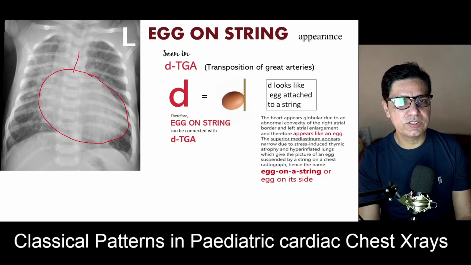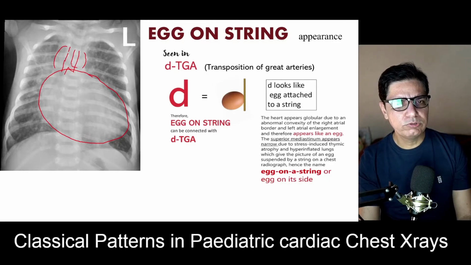Now normally the mediastinum has its own bits because of the structures that pass through it. You've got the trachea bifurcating into two bronchi, then in small kids you might have the thymus as well, and the esophagus and other structures, blood vessels passing through.